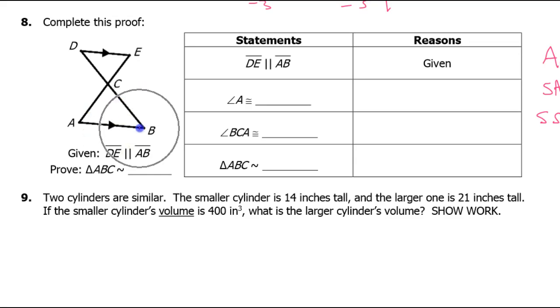So I'm looking at angle A, so I'm going to really focus on that as I draw my Z. Okay, so there's my Z. So when the top and bottom of the Z are parallel, then the angles in the corner are congruent, and these are alternate interior angles. So that means angle A is going to be congruent to angle E, and the reason is the alternate interior angle theorem.